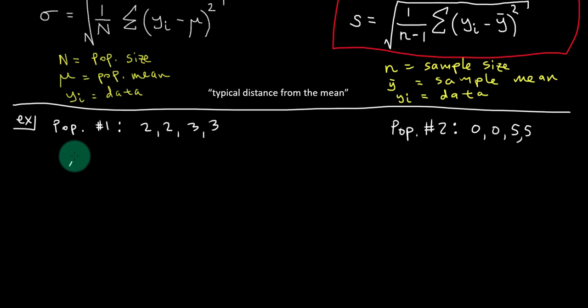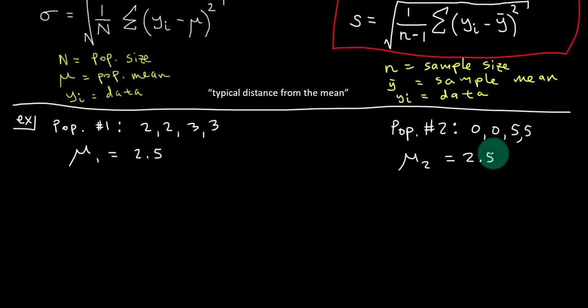First, let's compute the mean of these 2 populations. It might not be too difficult to see that it's 2.5. If you add all these values up, they add to 10, 10 over 4, 2.5. And that's the case over here as well, right? Population 2 also has a mean of 2.5.